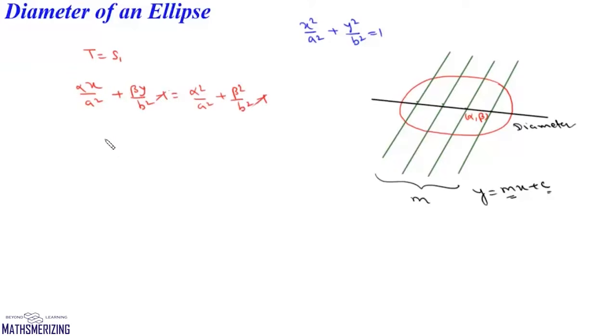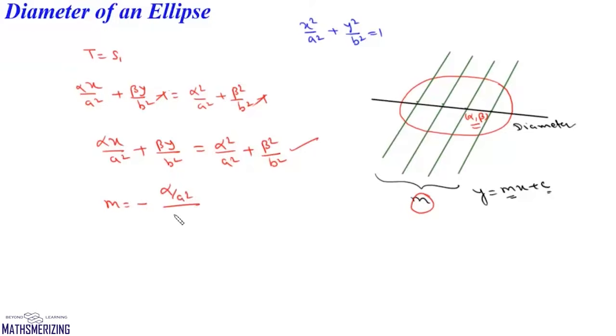So we'll get this equation as alpha x upon a square plus beta y upon b square equal to alpha square upon a square plus beta square upon b square. So this is the equation of a chord whose midpoint is alpha beta. Now we know that the slope of this chord is m. M equals slope of this line, minus coefficient of x, which is alpha upon a square, upon coefficient of y, which is beta upon b square.